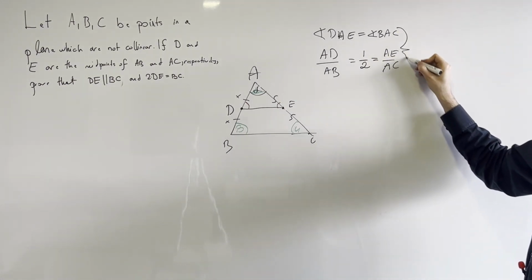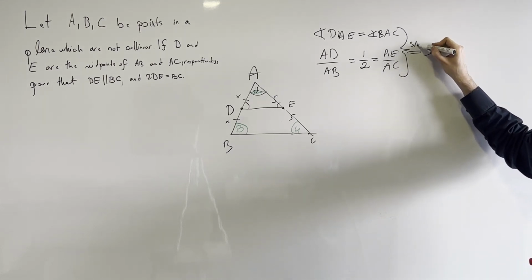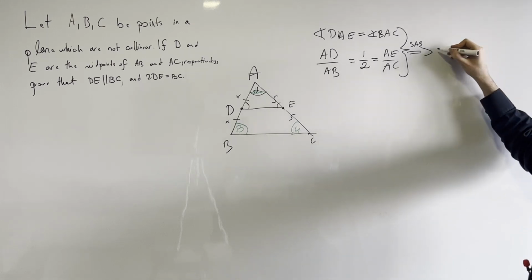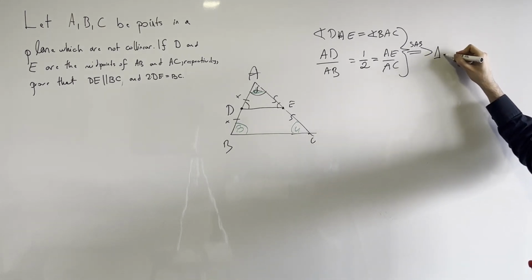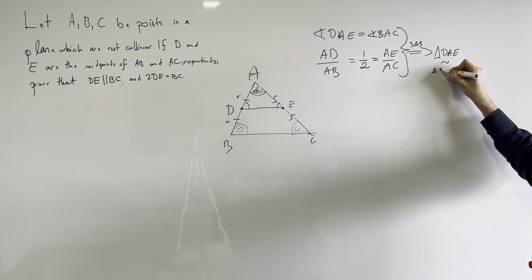And from here, by the side-angle-side similarity condition, we have that the triangle DAE is similar to the triangle BAC.